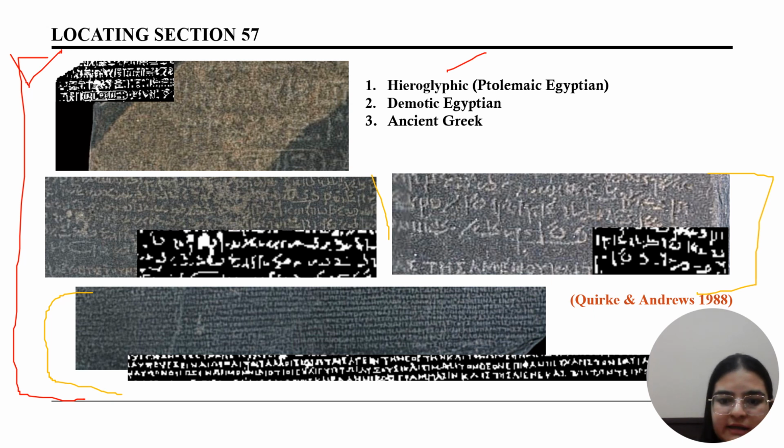Finally, I would say that it gives the proper translation in English and German. Its English translation was given by Craig and Andrews in 1988. And one more thing is that the Rosetta Stone was issued in 1907 BCE by the Egyptians.